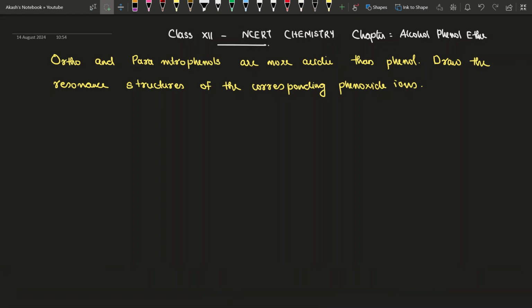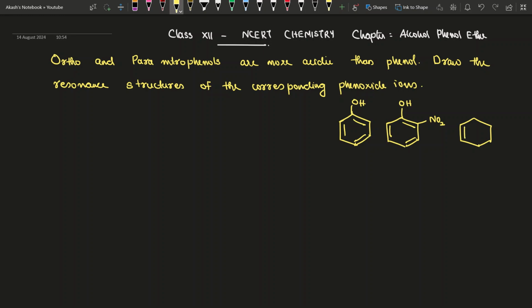When you consider their structures, whenever you have a benzene ring, if an OH group is attached to the benzene ring, that is called a phenol, and to a phenolic ring, if a nitro group is attached to the ortho position, that is called ortho nitrophenol.